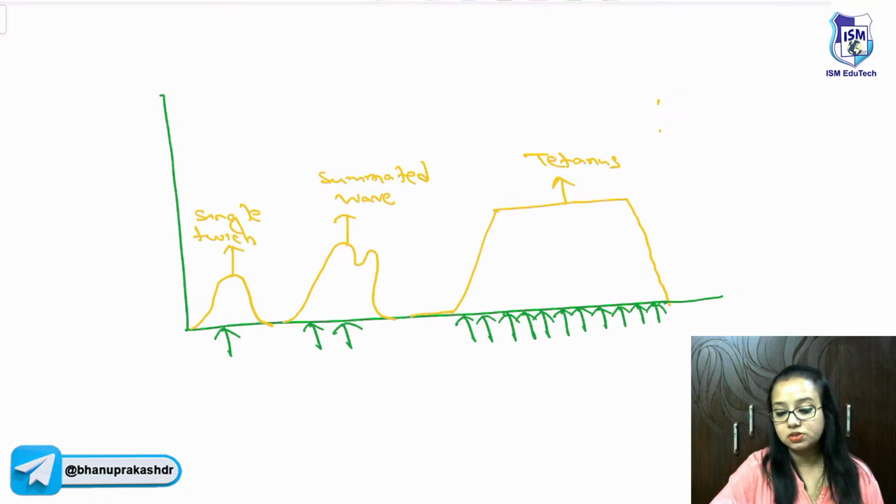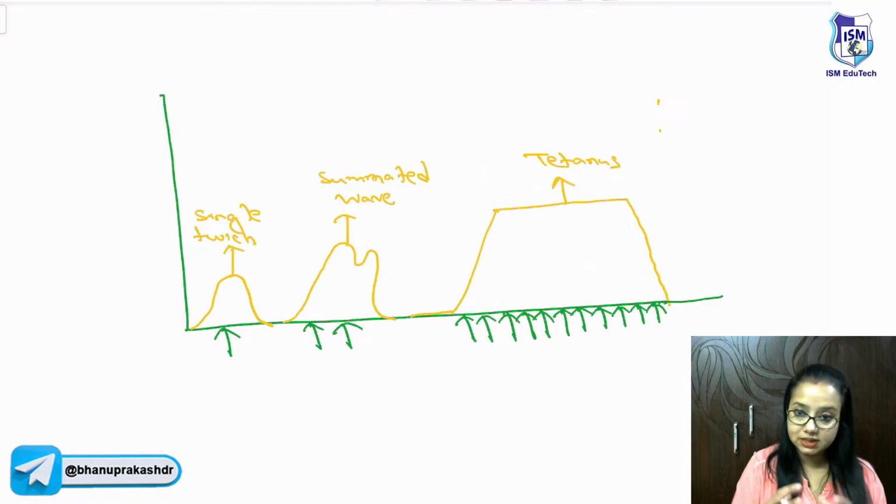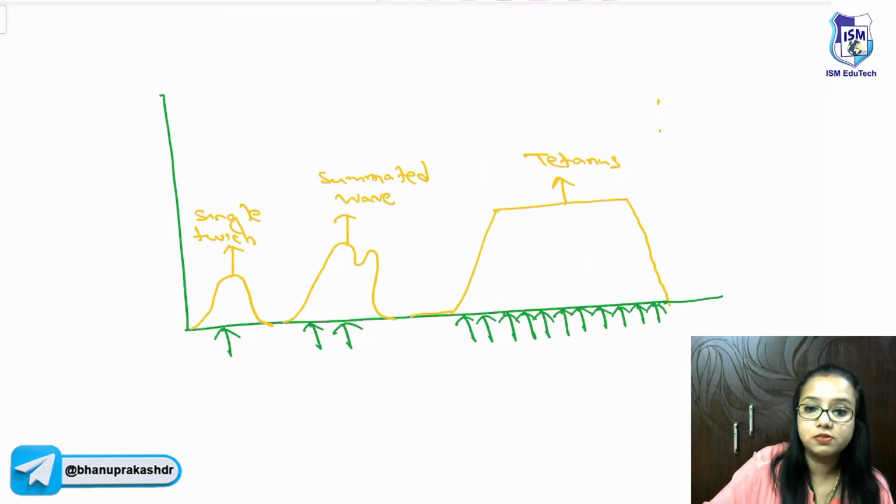So once the stimulus is stopped, then eventually there is a decline in the contraction. But in between there will be this plateau state, meaning the muscle has contracted and it has not shown any more contraction or relaxation with further stimulus.